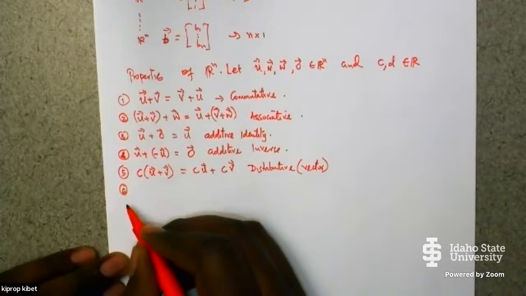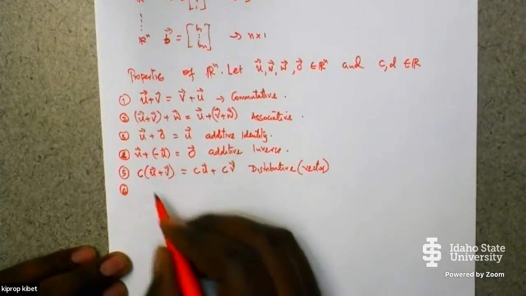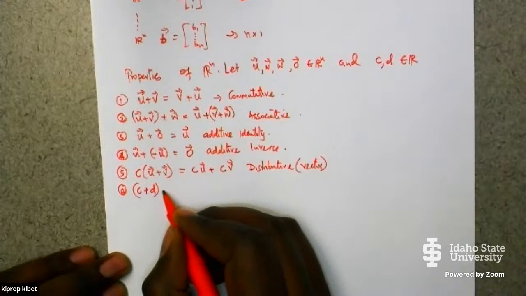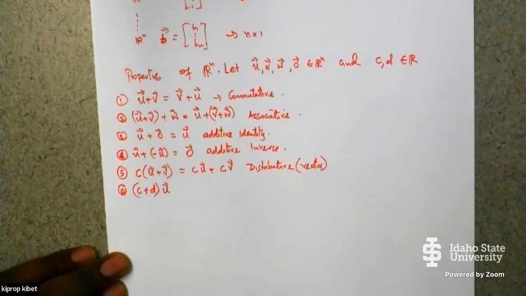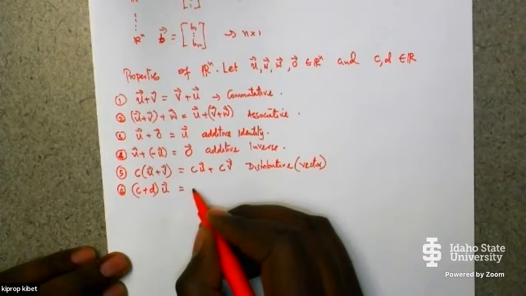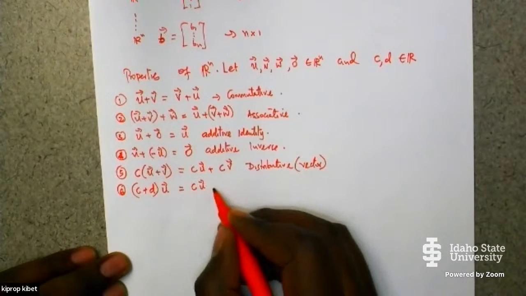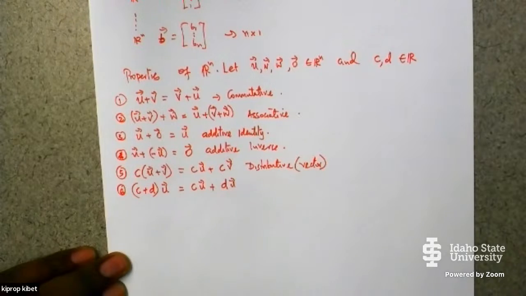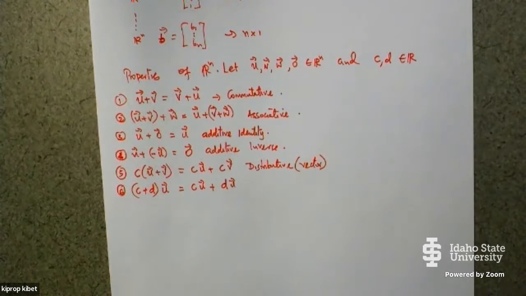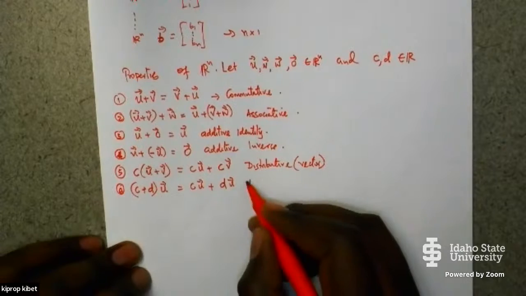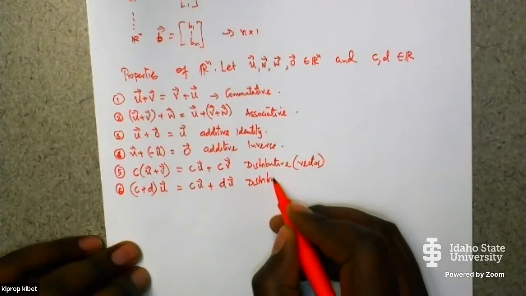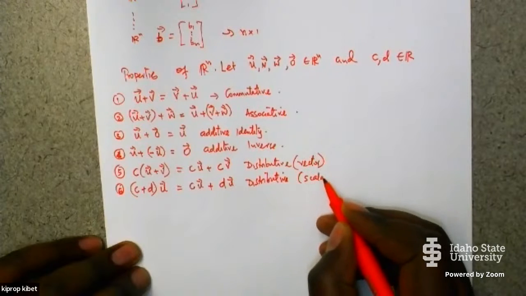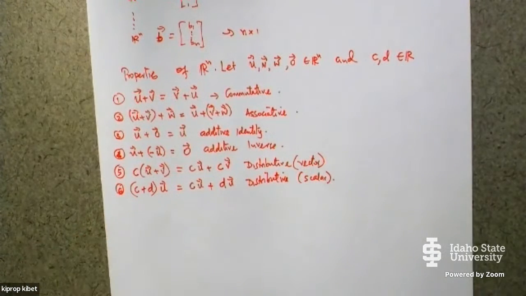Number 6: if you have the 2 scalars c plus d and you multiply by the vector u, then it is similar to c vector u plus d vector u. So this is also distributive, but in terms of the scalar distribution.